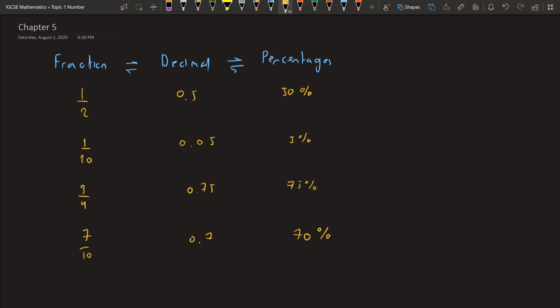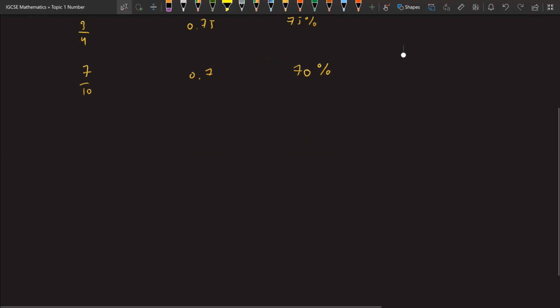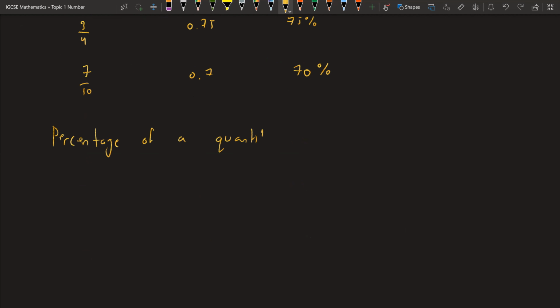Now, when you want to calculate a percentage of a quantity, for example, let's say that they ask for 25% of 300 meter.